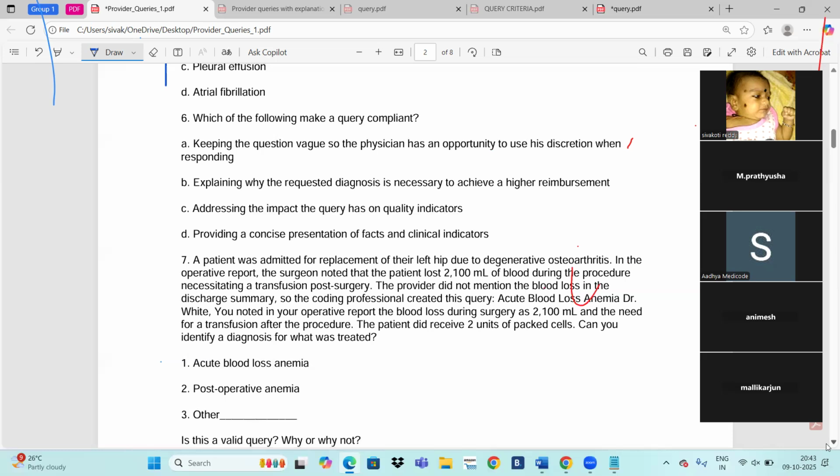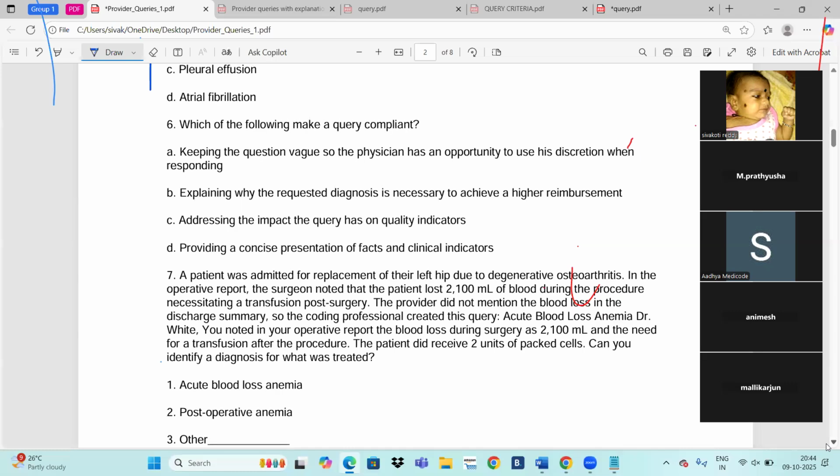Next, which of the following makes a complaint query? What is the example of a complaint query in this list?